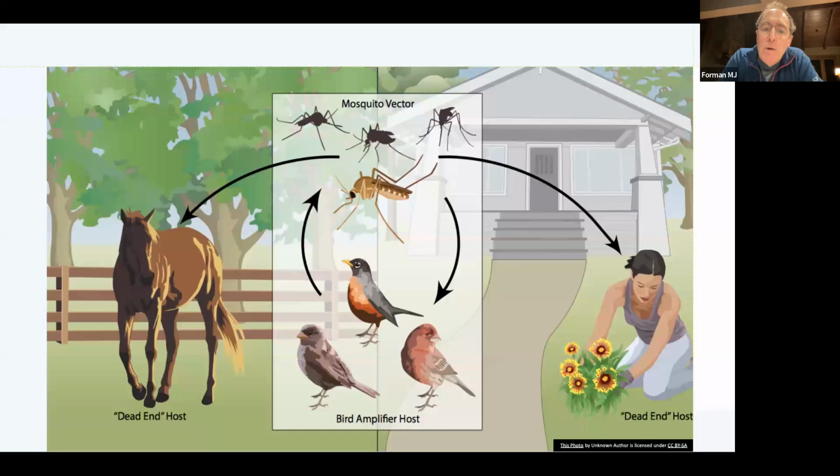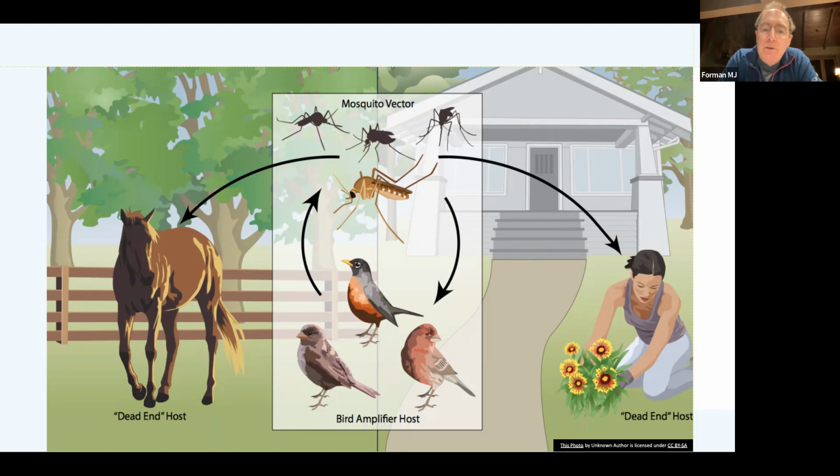It's kind of a chicken and egg thing, but if a mosquito bites an infected bird, that mosquito is infected and then bites another bird, and then that bird is infected, and you get what's known as a bird amplifier effect.